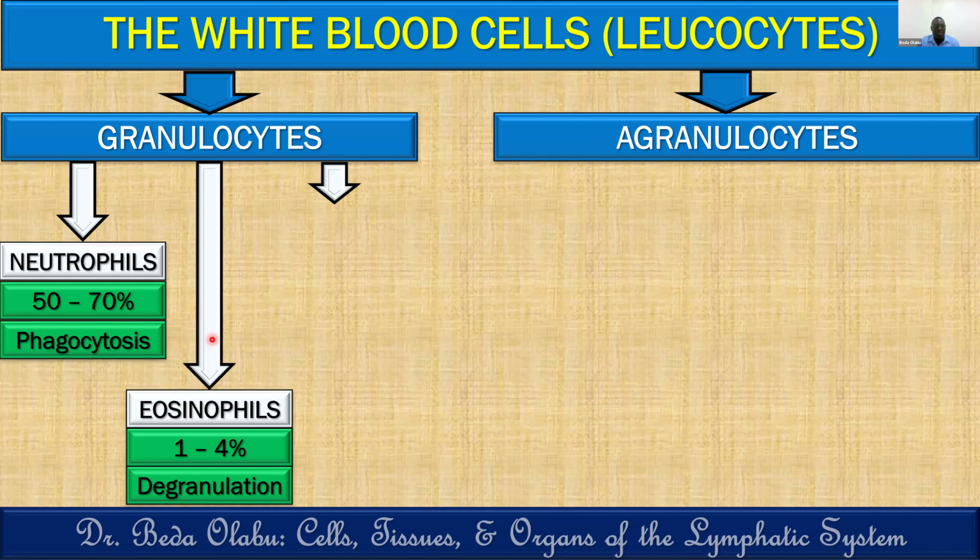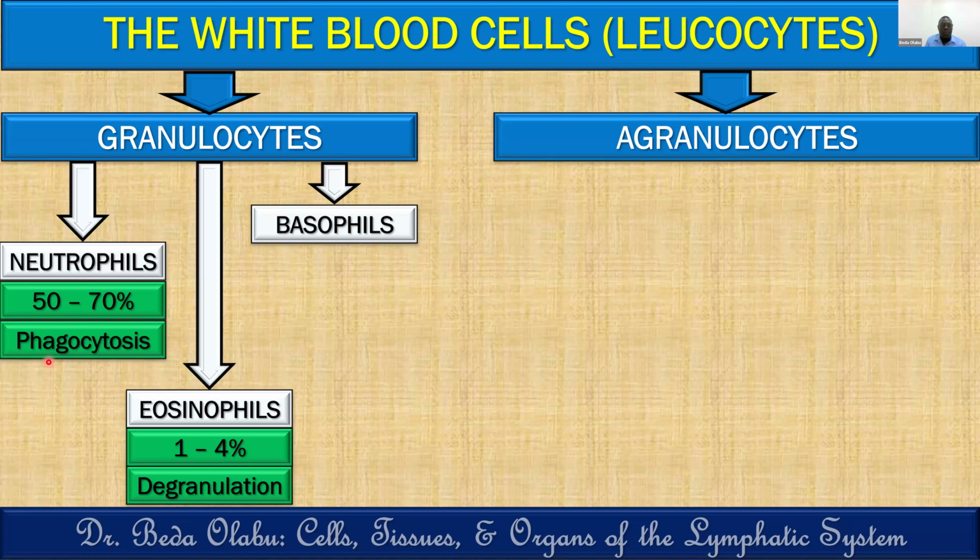They release their granules, and through that, they offer immunity against helminthic infections, these large infections like worms. They may also offer immunity against protozoal infections by releasing their granules onto these particular organisms.